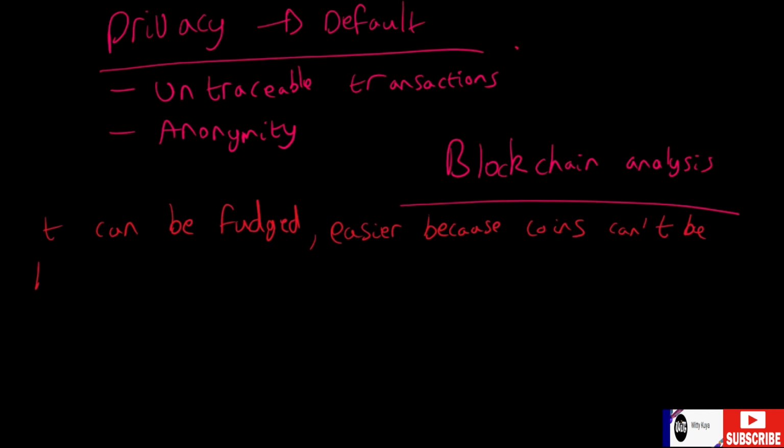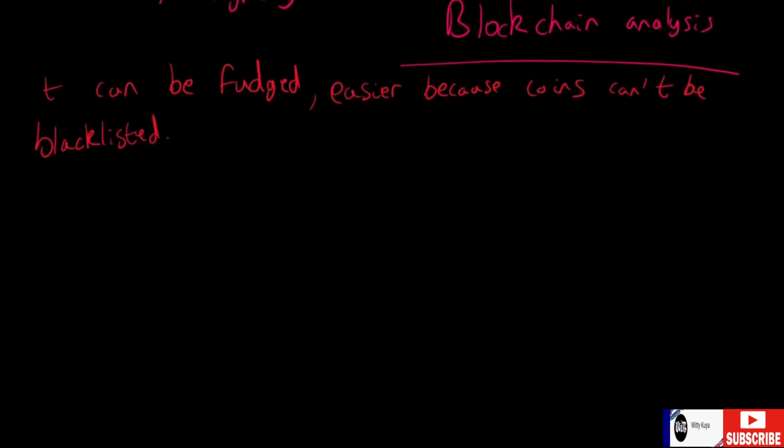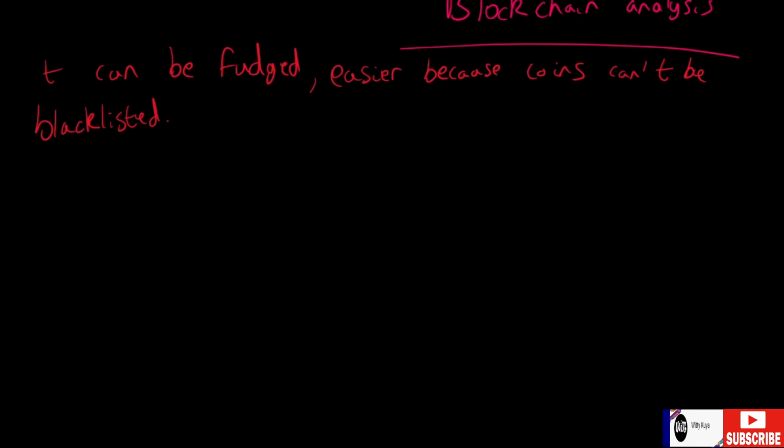With Bitcoin, coins can be blacklisted, so the exchanges know not to accept them. Obviously, if you compare this to a conventional currency, money like notes generally don't get blacklisted, so it can have its disadvantages as well, especially when there's a finite amount of supply. So depending on how you look at it, it has its advantages and disadvantages.